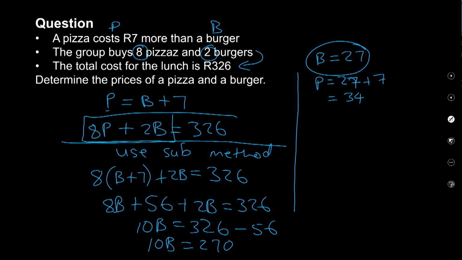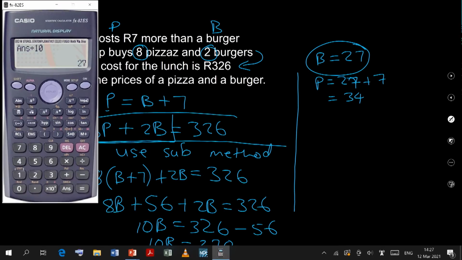So my pizza, they bought 8 of them, multiplied by the 34 rand for each, plus they bought 2 burgers, which go for 27 rand, and this will give me 326 rand. So you can see we did the right thing there.